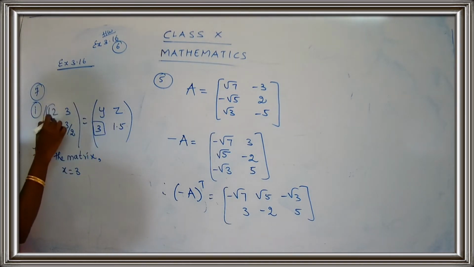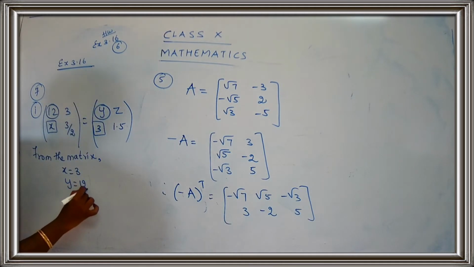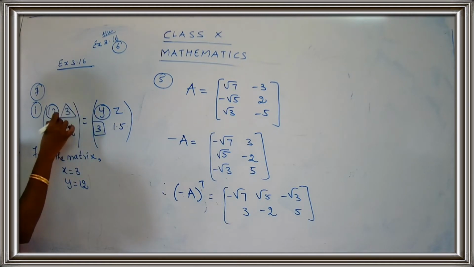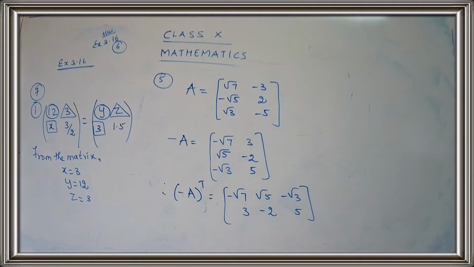So this is the value for Y. Y is equal to 12. What is the value for Z? It's 3. Z is equal to 3. From the matrix, X is equal to 3, Y is equal to 12, Z is equal to 3.